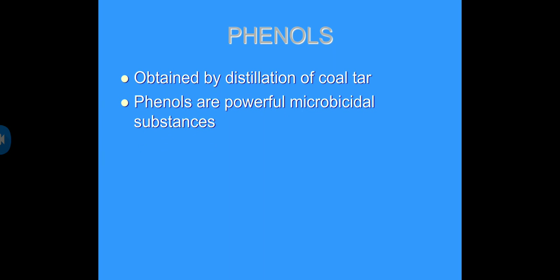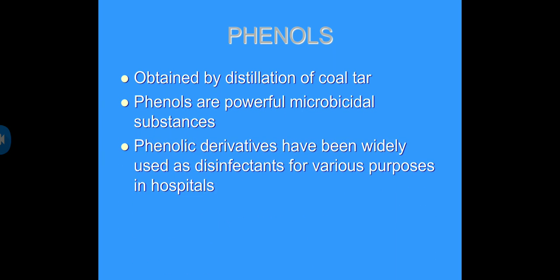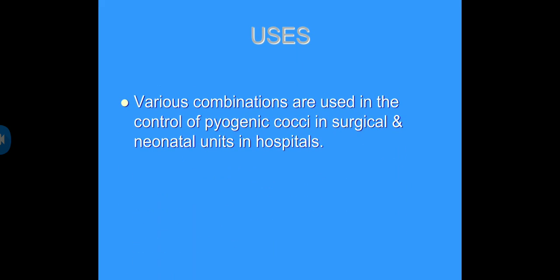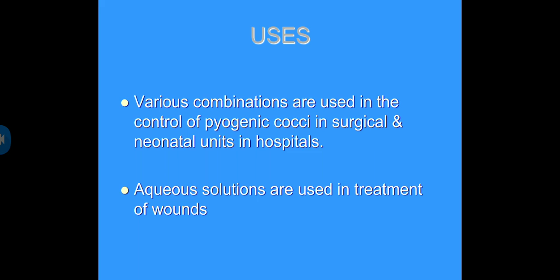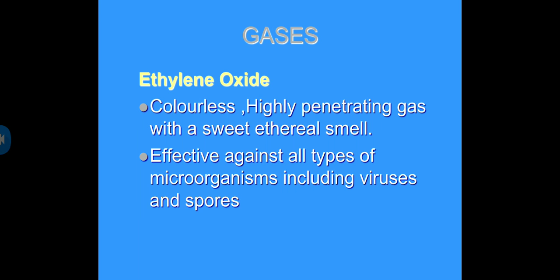Phenols are powerful microbicidal substances. Phenolic derivatives have been widely used as disinfectants for various purposes in hospitals. Examples are Lysol and Cresol. Various combinations are used in the control of pyogenic cocci in surgical and neonatal units in hospitals. Aqueous solutions are used in the treatment of wounds.